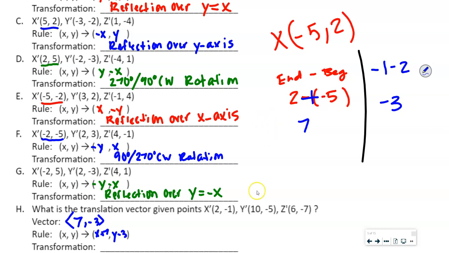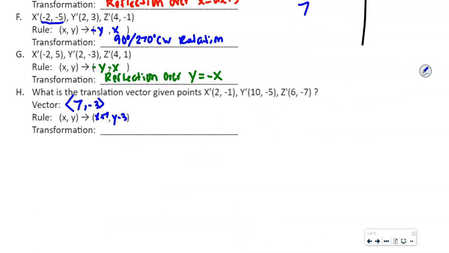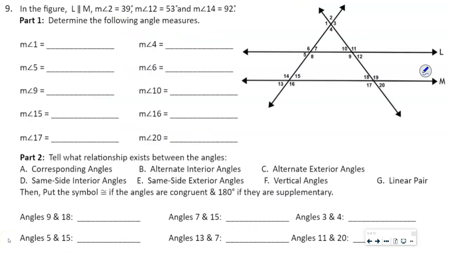And what is the transformation in words? When we have a positive for the x value, it's going right 7, and then it's going down because that's negative 3. So that's our rule.